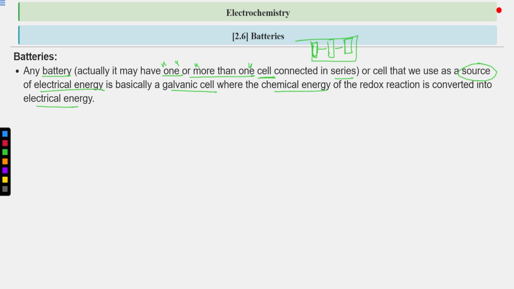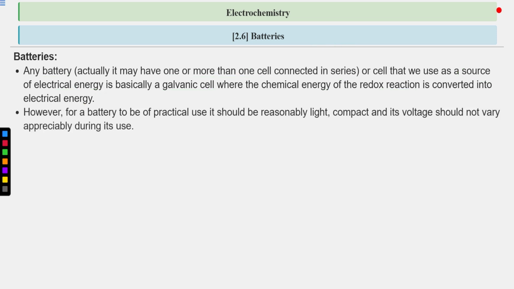So battery, as a cell connection in series, we use as a source of electrical energy, which is basically a galvanic cell, where the chemical energy of the redox reaction is converted to electrical energy.